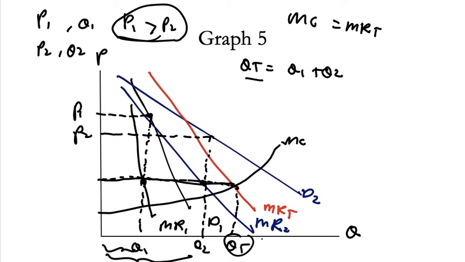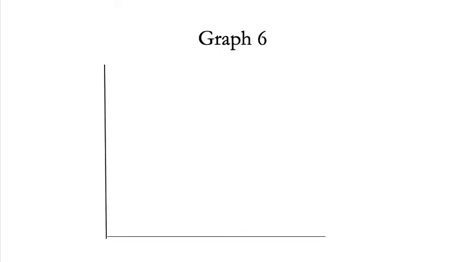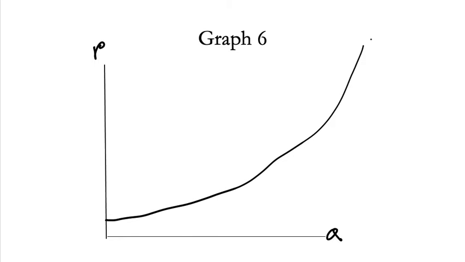And is it always possible to charge two different groups of consumer different price level? Is it always feasible? Just imagine, if I draw you another graph here, something like this, price here, quantity here, and then we have MC like this, and then the first group is here.